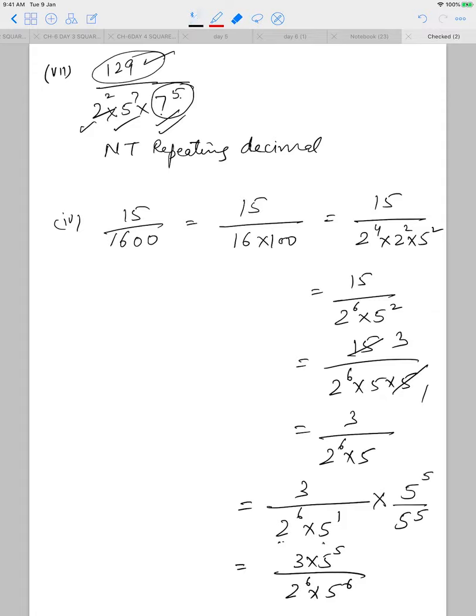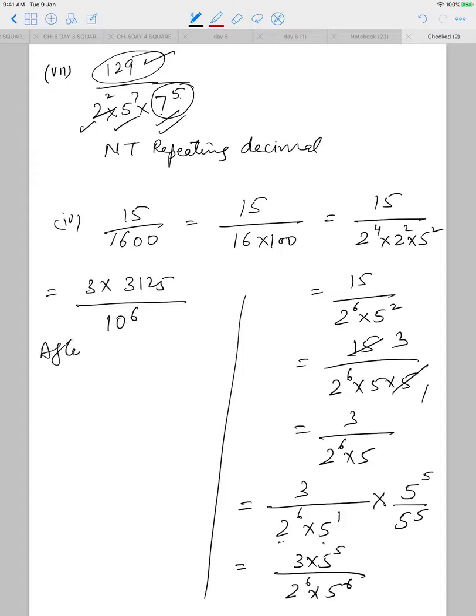So we can say it is equal to 3 into 5 raised to the power 5, which is 3125, divided by 10 raised to the power 6. After this step you can say it will terminate after 6 places of decimal. And now to find out exactly the decimal expansion of this number, just multiply the numerator.